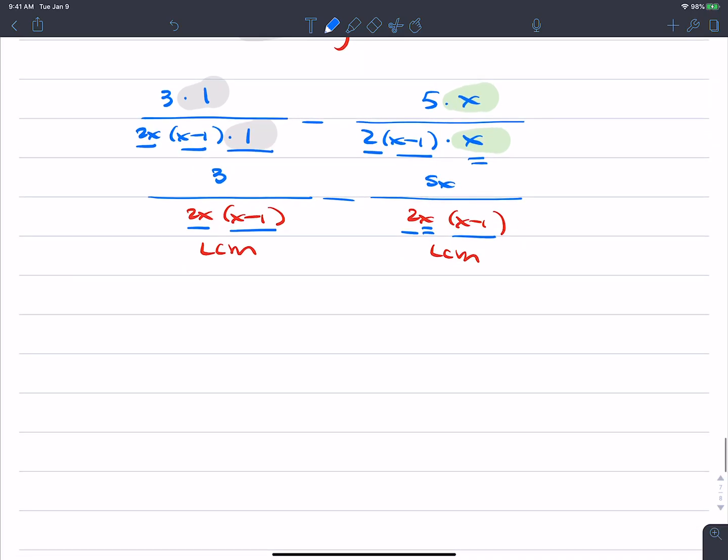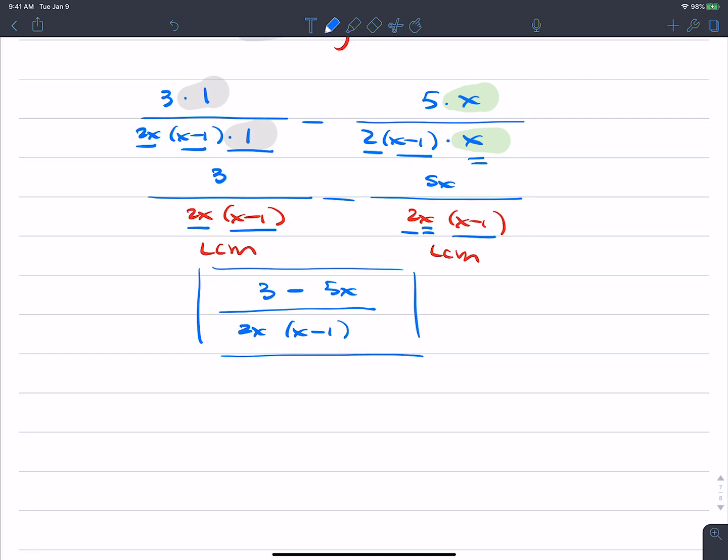This is all under the same denominator, 2x times x minus 1, we get 3 minus 5x. Notice the numerator is not factorable, so you are done. There it is.